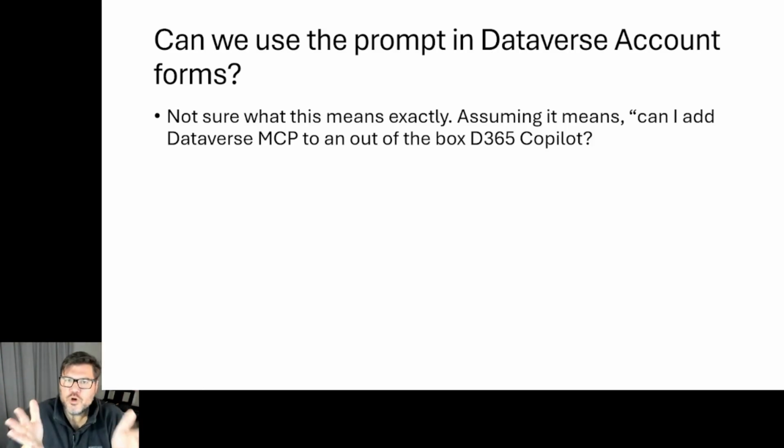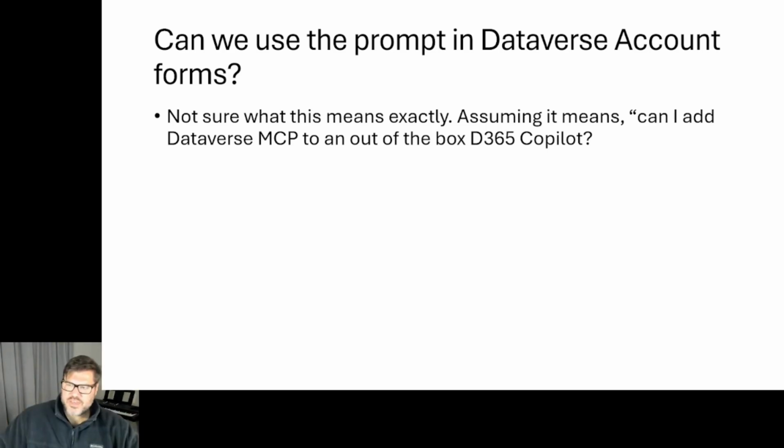So when we are working with tools like Dataverse Copilot, like MCP, when we're giving instructions, we need to be really clear on what we actually want it to do, because otherwise then we do get hallucinations and other things that we might not have wanted, just because it's trying to make assumptions and guess at what we want.